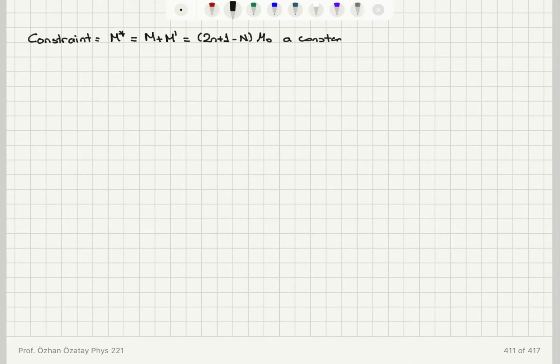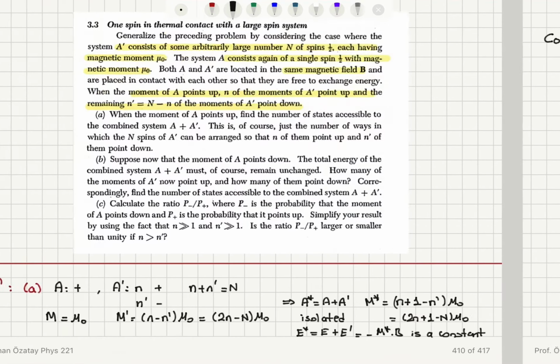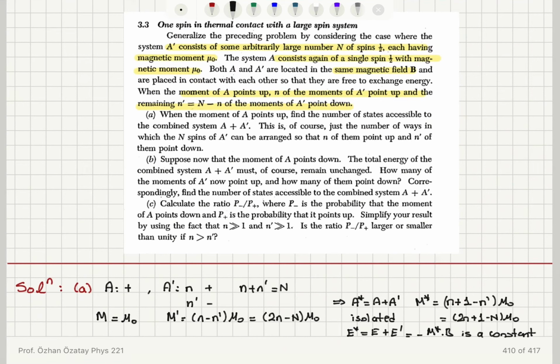So this is a constraint. It can be written as total energy is a constant or total moment is a constant, because that determines the total energy anyway. Also note that the total moment I'm defining in the direction of the magnetic field, which is pointing up.